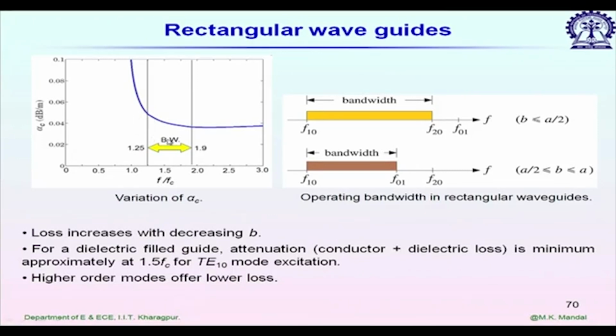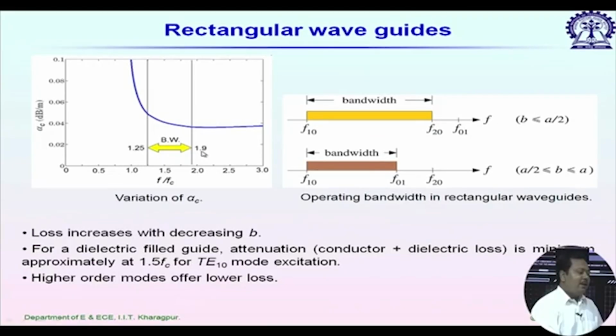So, we define the effective bandwidth for monomode operation, where we are expecting only TE10 mode. It starts from 1.25 times fc to 1.9 times fc. We have a 10% margin here to make sure there is no TE20 mode excitation, either in a direction or in b direction.